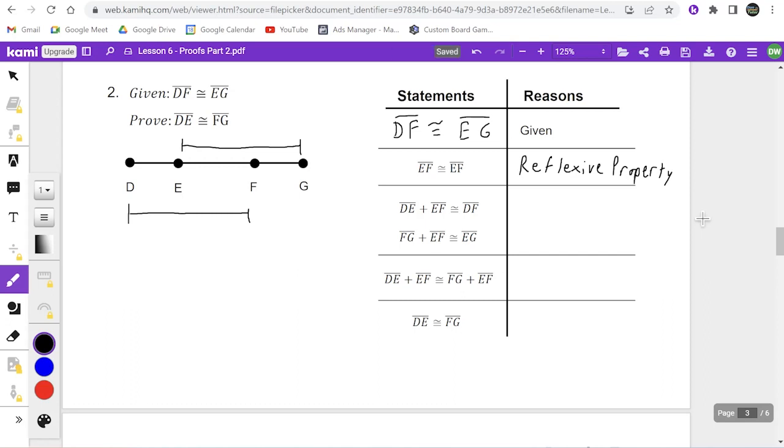And the reason why we say that is because EF is a part of both DF and EG. I repeat, EF is a part of DF and EG. That's why I'm using the reflexive property. Now, you see here that I have these two things added together equals DF, and FG plus EF equals EG. What's the reason for that?